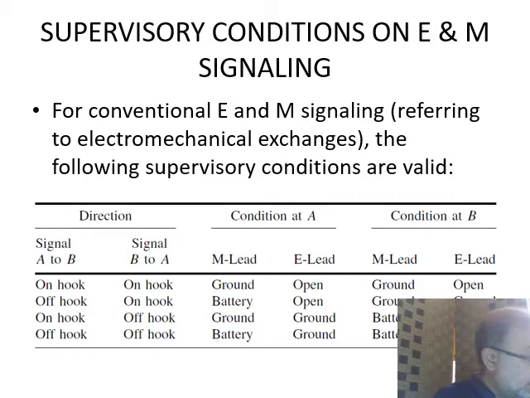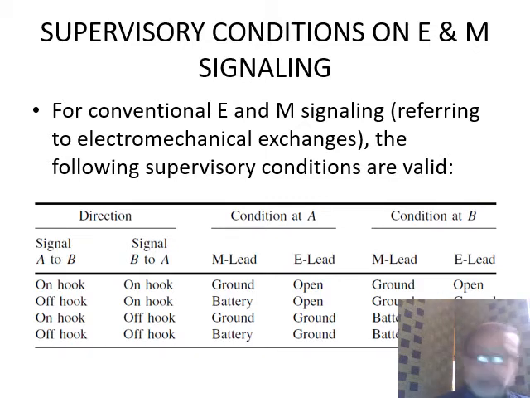You can see this at page number 118 of our book, Telecommunication Systems Engineering, and this is table 4.1. Sorry, earlier one. No, this is page 113.